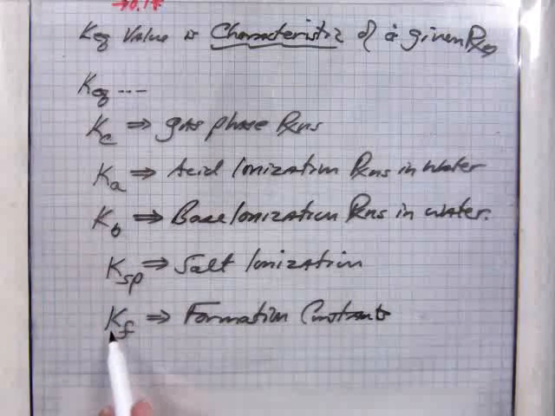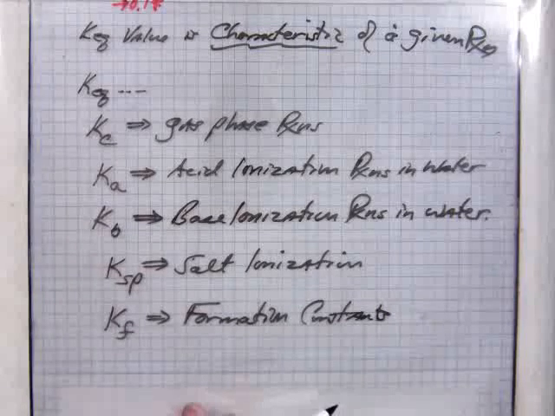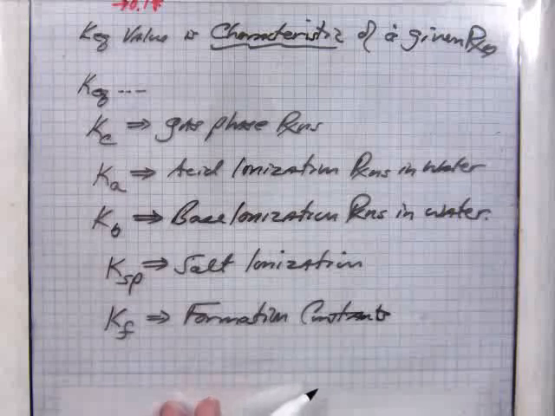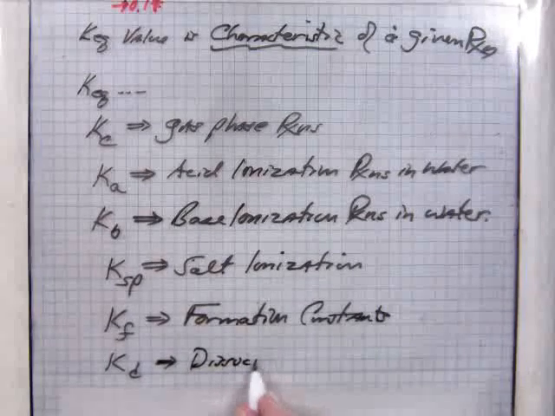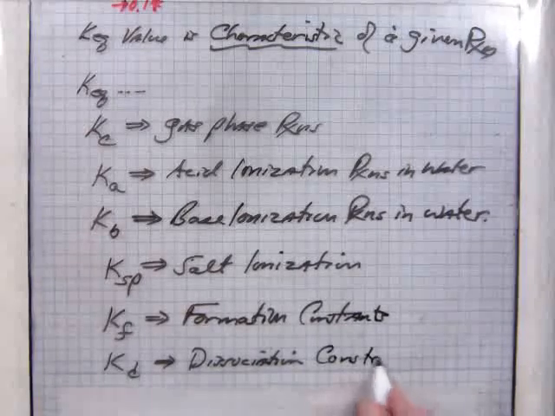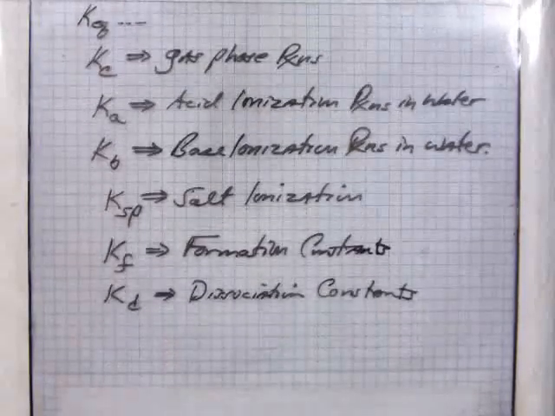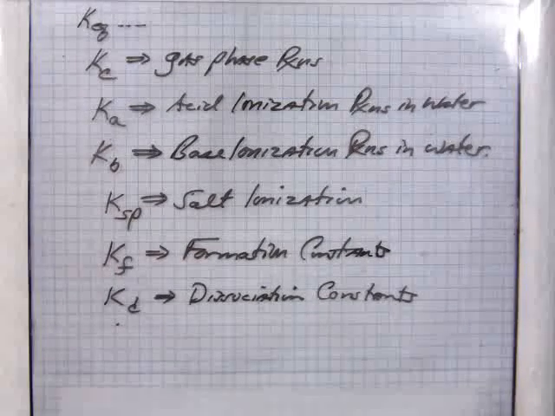If you have a large Kf value, that means you get a lot of products. A small Kf means you didn't go very far. And there are problems when we get to certain areas in the book that are based on Kf. And also Kd, dissociation constants, which are interpreted as how much dissociation this reaction experienced. There are others, but I'll leave it at that right now.